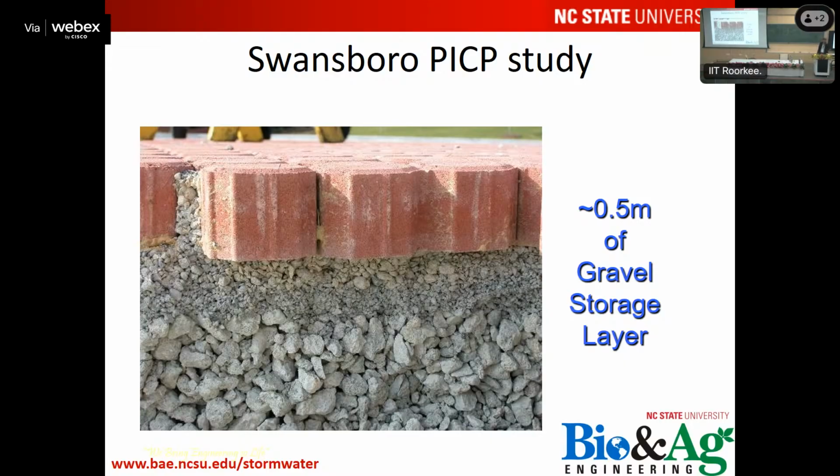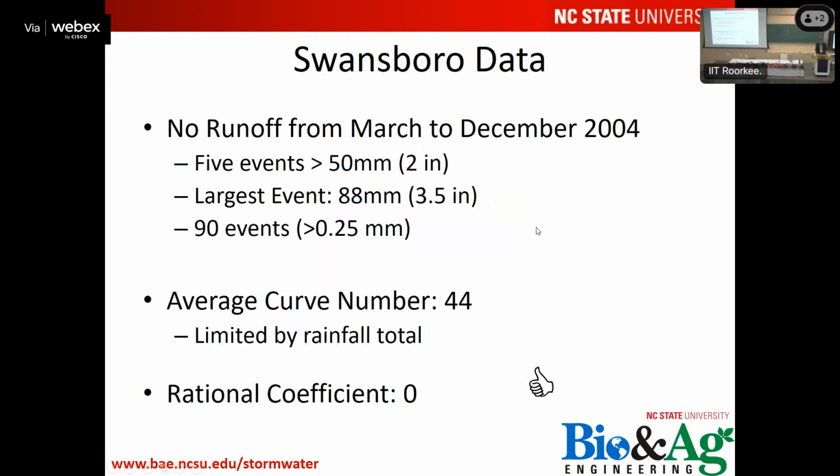Now here's another case where we monitored. I showed you this picture earlier. We had about a half a meter of gravel storage underneath this pavement, so we could store a lot of water in it. We had multiple rainfalls. The largest rainfall we had was 88 millimeters, and we never had any runoff. All right. So that meant that at no point was the rainfall intensity so great that it could overwhelm the infiltrative capacity at the surface of the pavement.